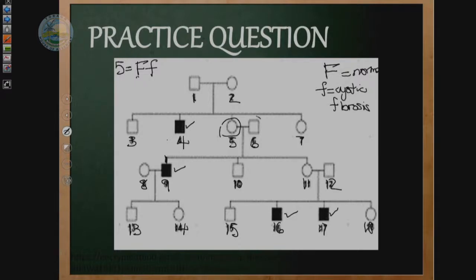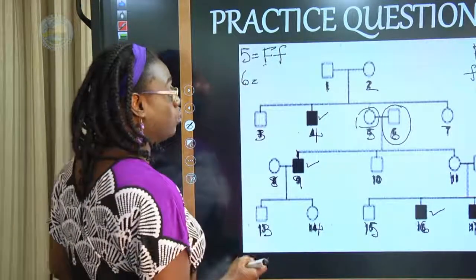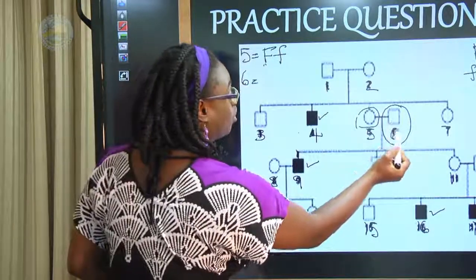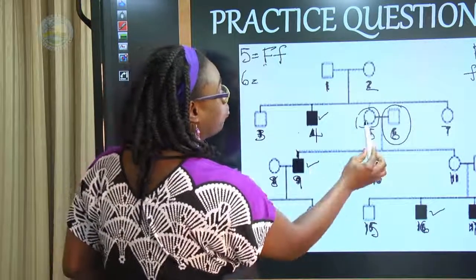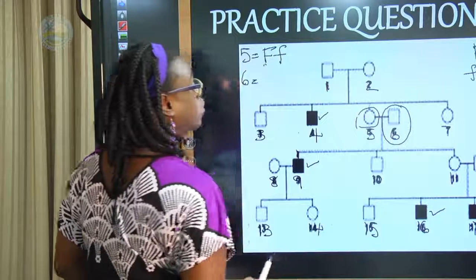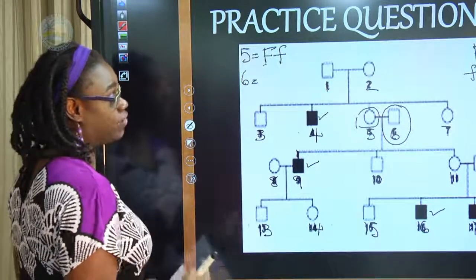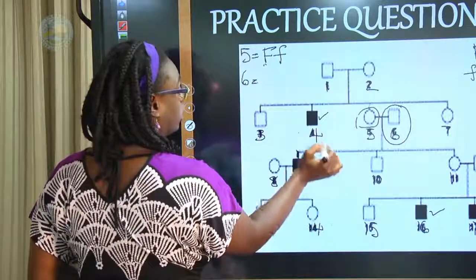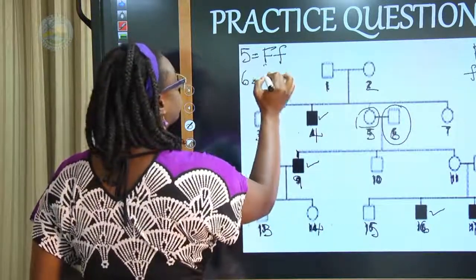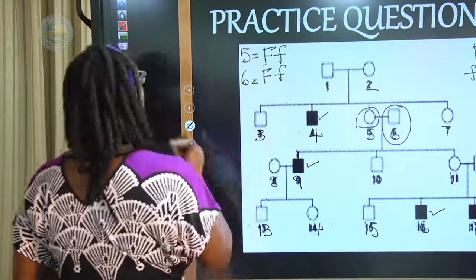Individual 6 is similar to individual 5 because individual 6 also has a child that has the disease. It means that both parents would have donated a lowercase f, or a recessive allele, to their children. So individual 6's genotype will be capital F, lowercase f.